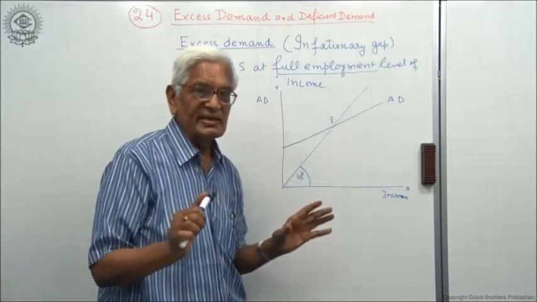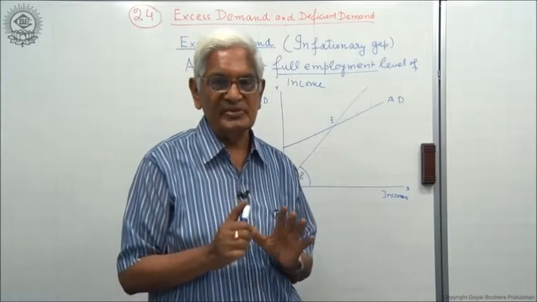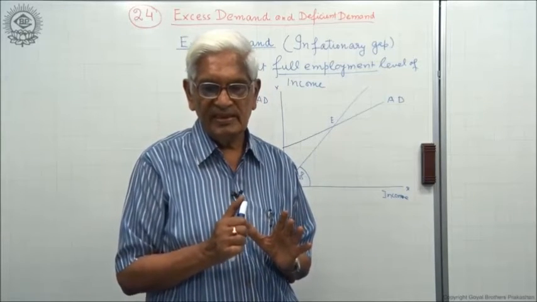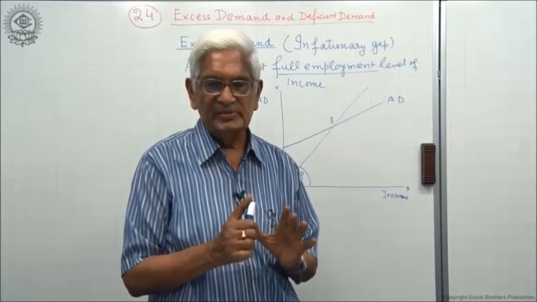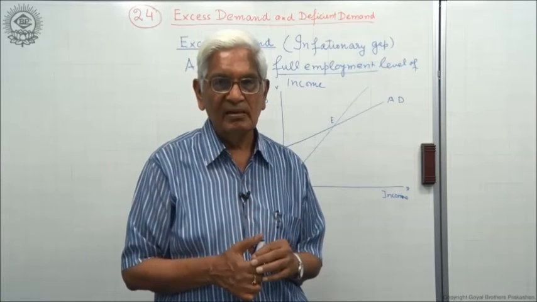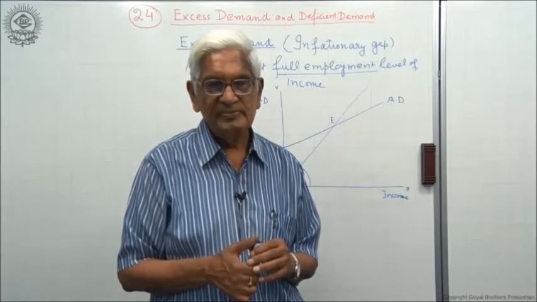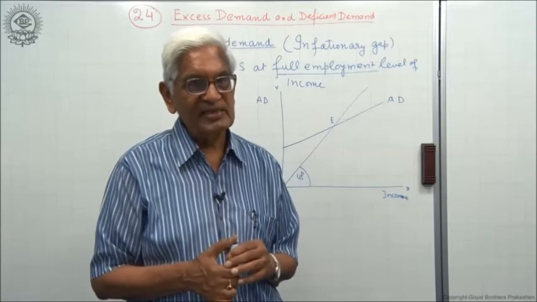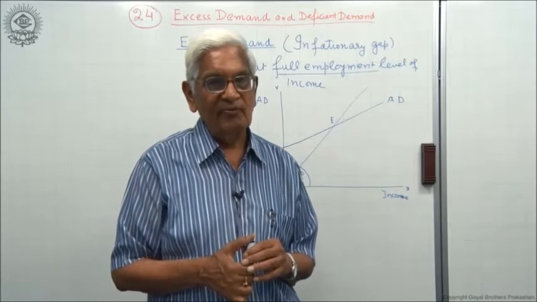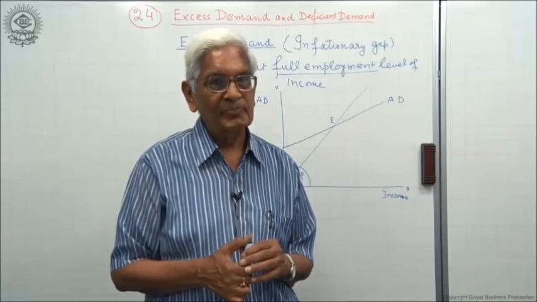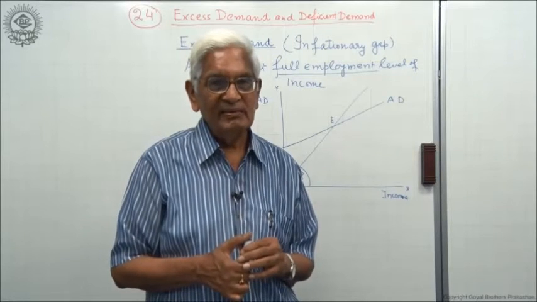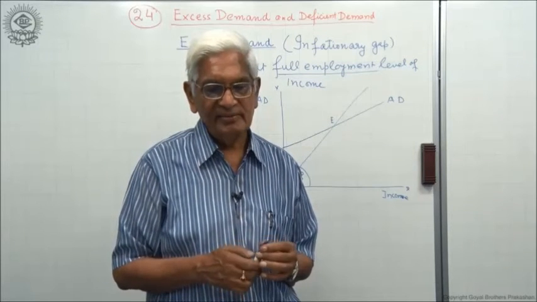So far we have not stated excess demand situation. We have simply given the equilibrium situation. Now, we have defined excess demand when at full employment AD is greater than AS.